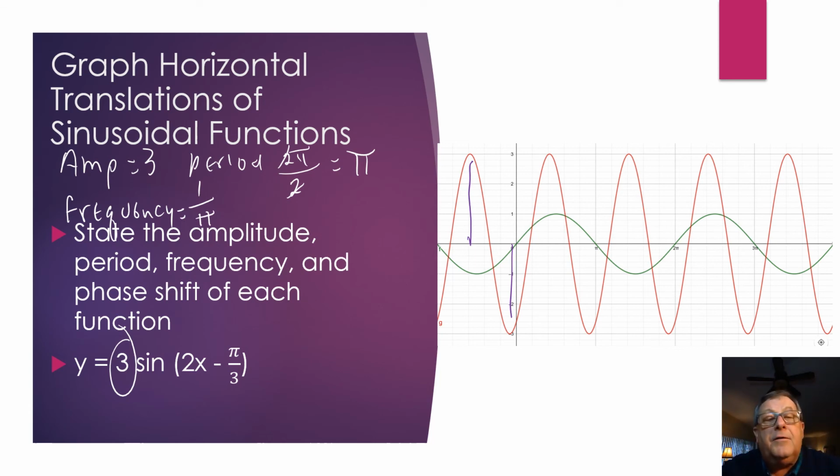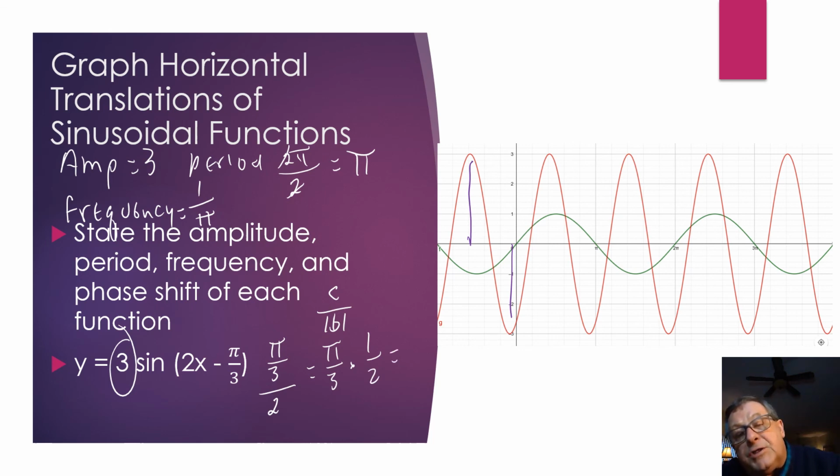Okay, well, now to the phase shift. So the phase shift, again, is defined as negative c over the absolute value of b. Well, c in this case is negative pi over 3, and that is going to be over 2. And to solve this, this is going to be pi over 3 times, we're dividing by 2, which is the same as multiplying by 1/2.